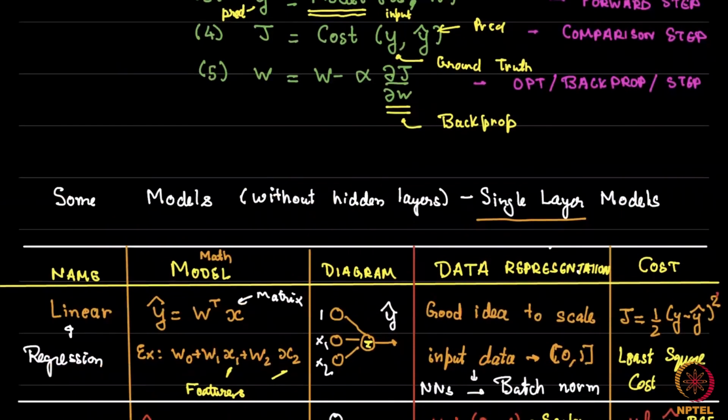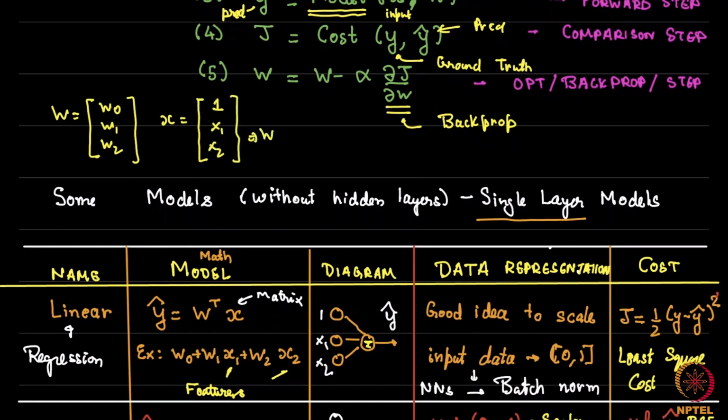In that case, if you have W as, let's say, W0, W1, W2, and X as X0, which is just one, X1 and X2. We have seen this a few times. So this gives you W transpose X is W0 times 1 plus W1 times X1 plus W2 times X2.